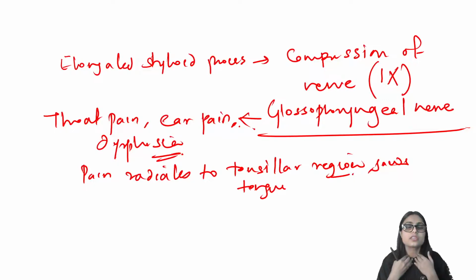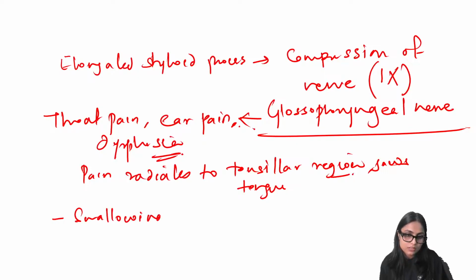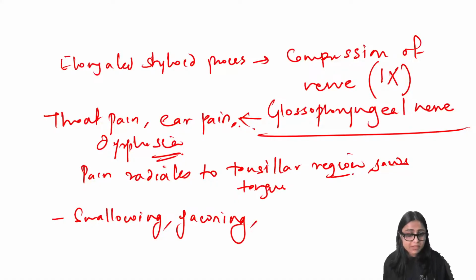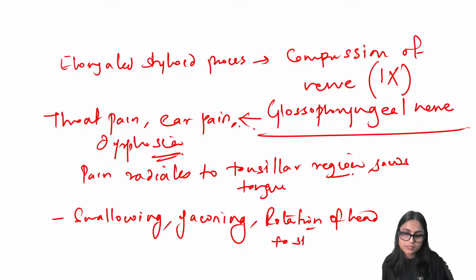So this posterior region, pharyngeal, tonsillar, everything, this pain radiates to all of these regions, and the pain becomes worse on swallowing, yawning, and when the patient rotates his head side to side, then this pain becomes worse. Rotation of head to side.